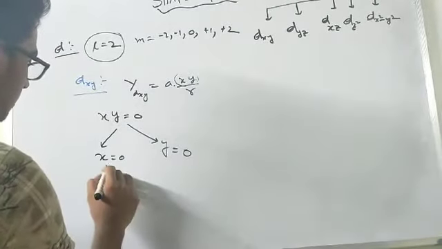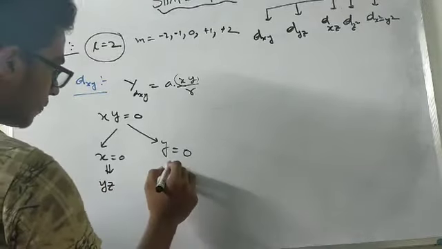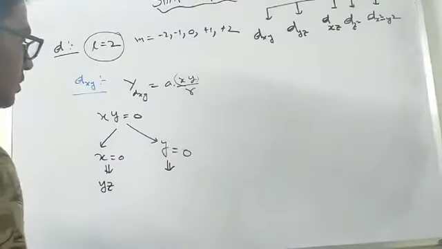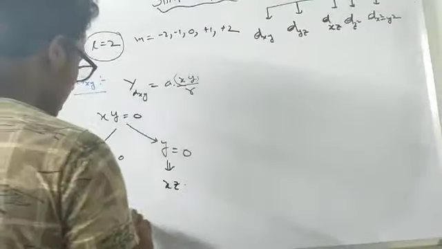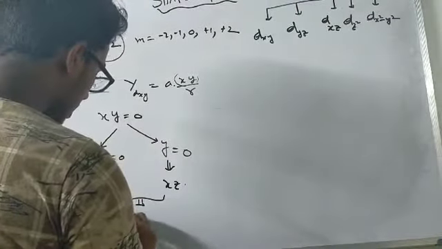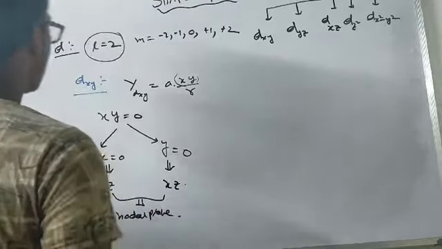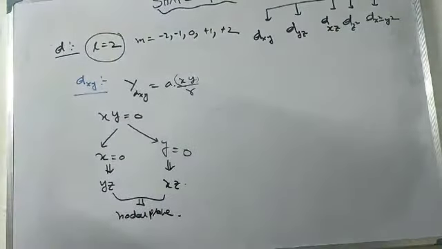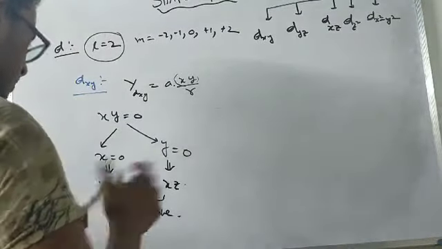If x is 0, this represents the yz plane, and if y equals 0, this represents the xz plane. So these two planes are the nodal planes for the dxy orbital.